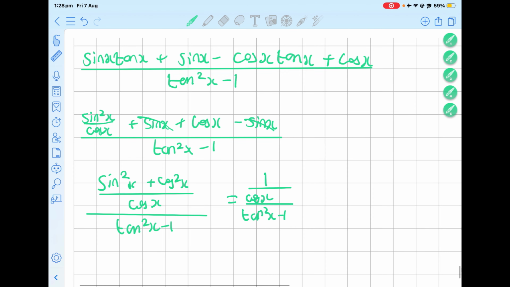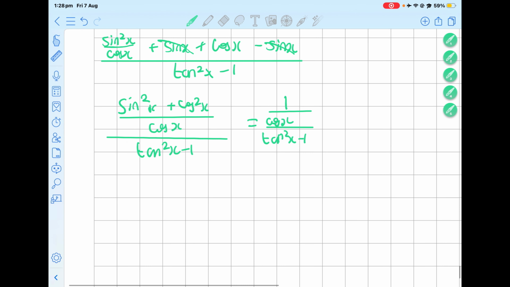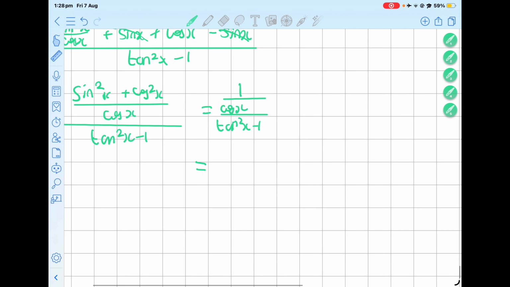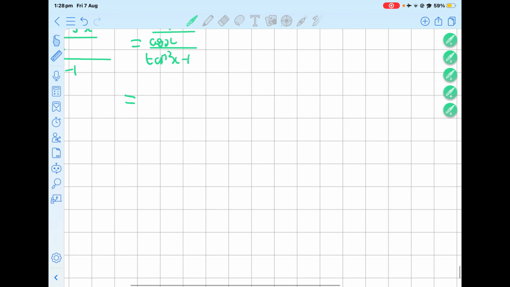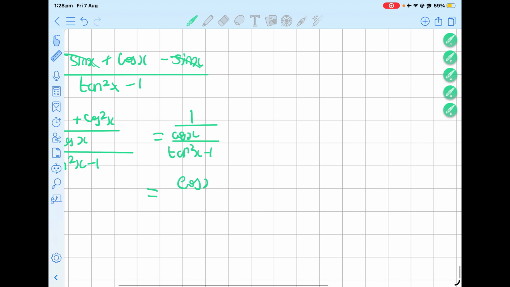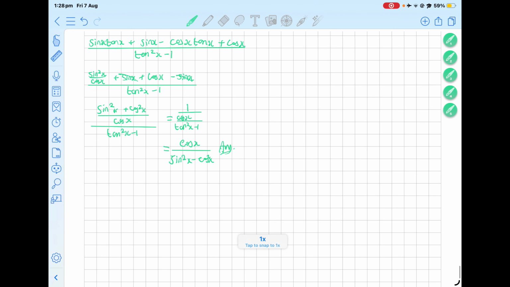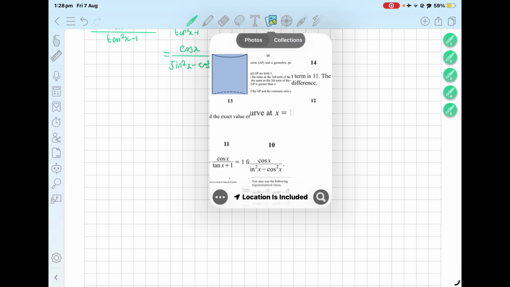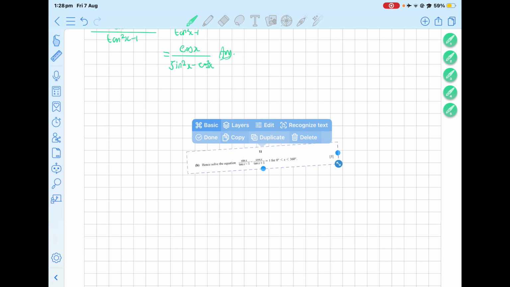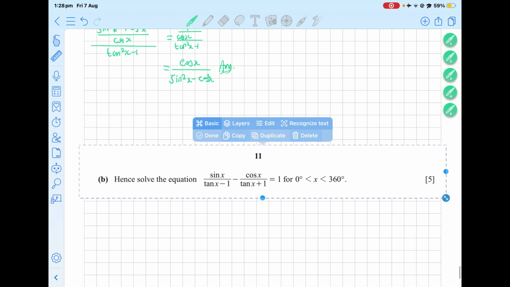Then I could shift that over to being cos x, so basically the inverse, and then this bottom part we can simplify to sin square x minus cos square x. Hence I think this is the same thing.